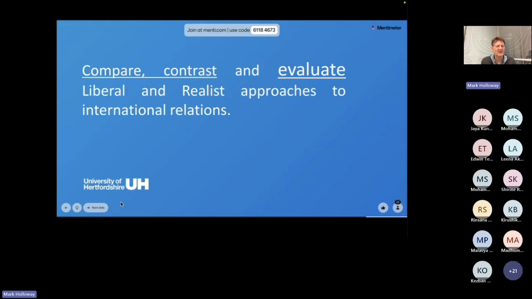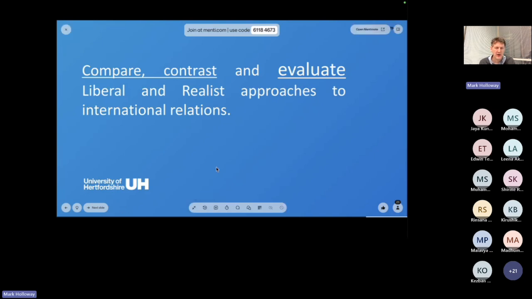You may find that the word evaluate appears more in the 60s and 70s. That would suggest to me that the word evaluate is actually a bit more powerful. It's a bit more complex and potentially a little bit more difficult. But a student who can show the ability to evaluate as well as to compare and contrast is likely to get a higher grade, because evaluation is a higher order function than compare and contrast.